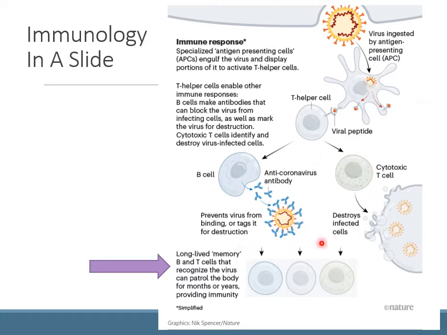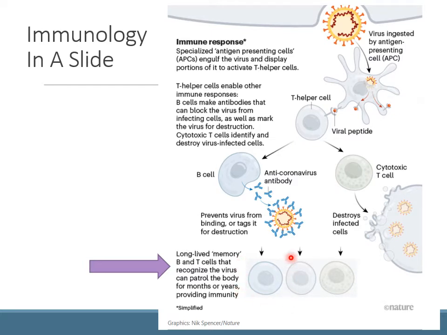The first time a virus or pathogen is encountered, this response can take up to weeks to develop. But the second time that same pathogen is encountered, the response is immediate because of these memory cells.